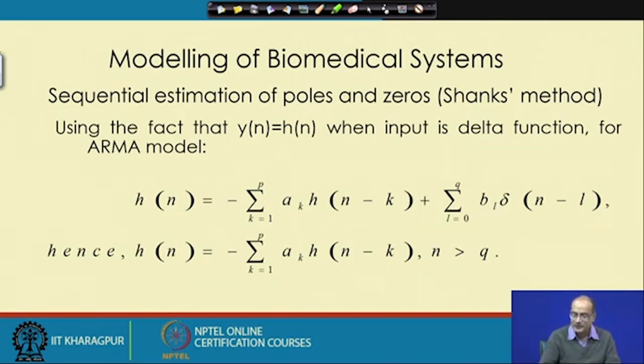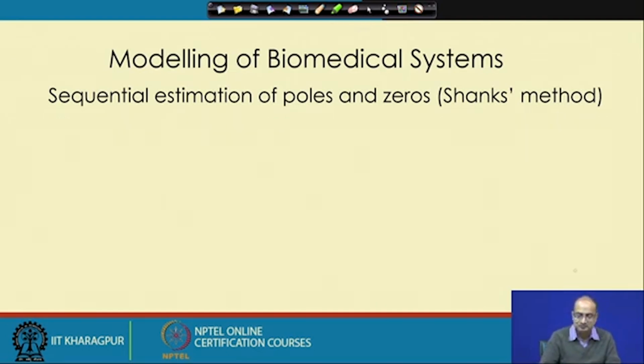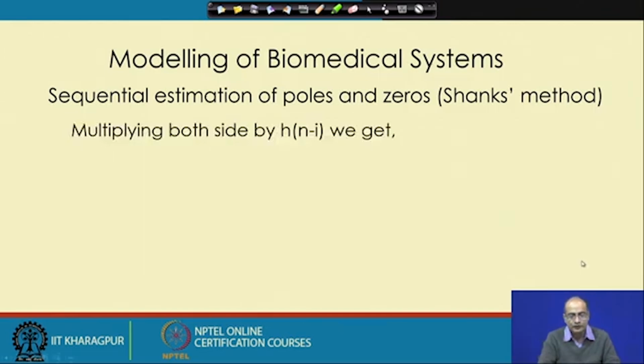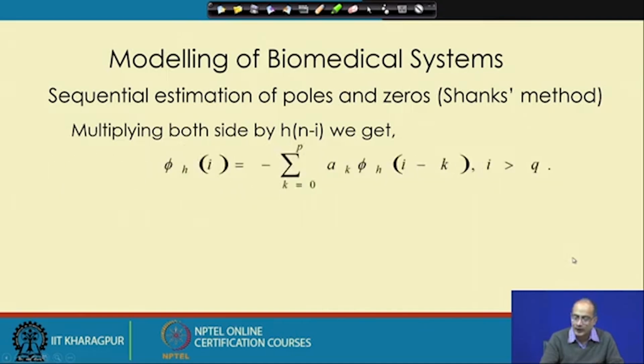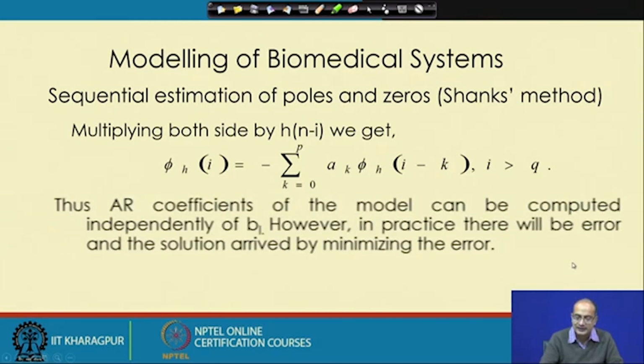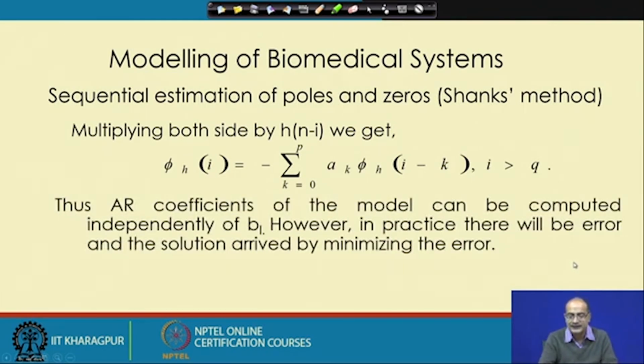That is the major gain. Now, if we multiply both sides by Hn minus 1 in the second equation, we get it in terms of phi h. It is an equation using phi h and the AR coefficients AKs.